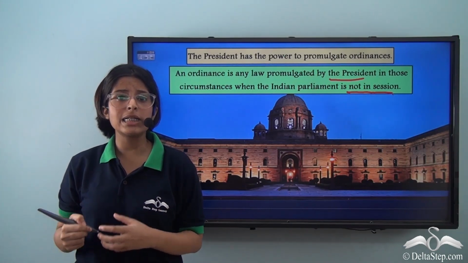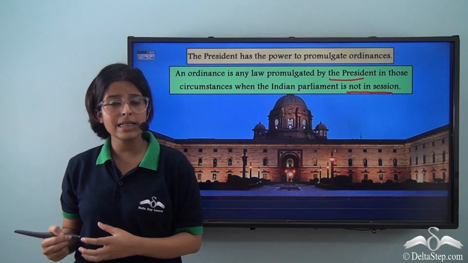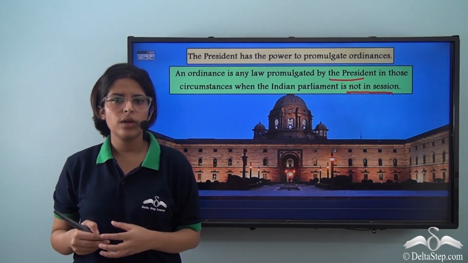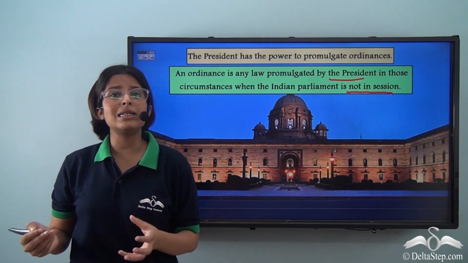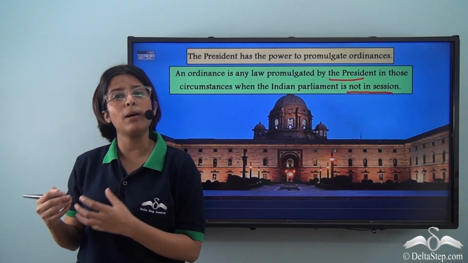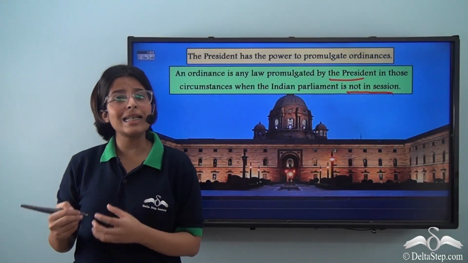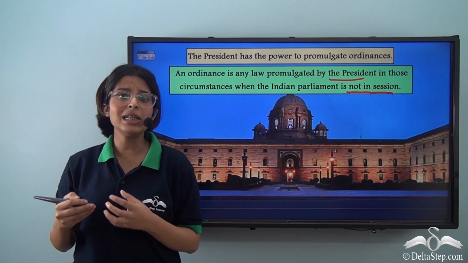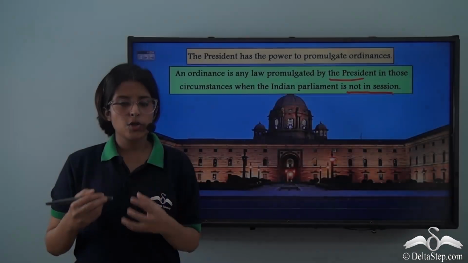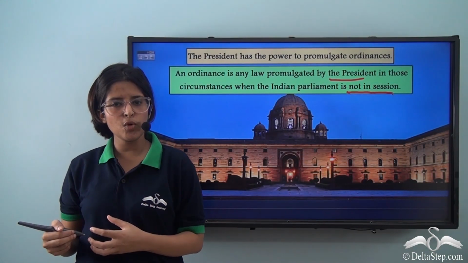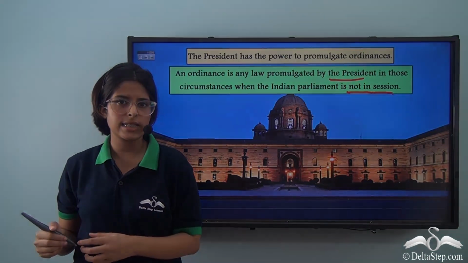When an ordinance is passed, it is necessary that none of the houses of Parliament are in session. Whenever the Parliament is back in session, the ordinance has to be put forward in the Parliament. And within 6 weeks, if the ordinance is not approved, then it will cease to exist. So, if the ordinance after being placed in the Parliament is disapproved, it will cease to exist.